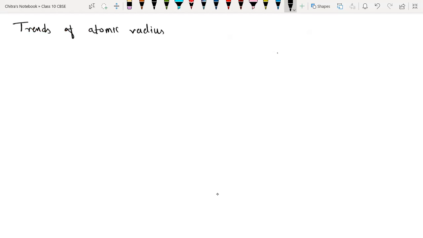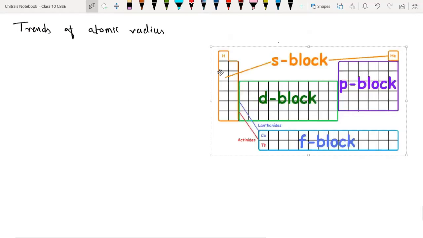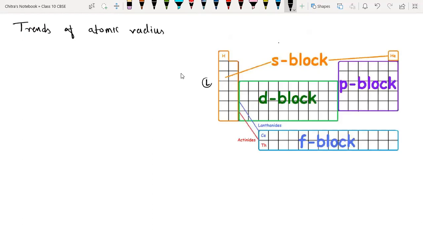Very important. Just do concentrate. Really very important. Wait a second. Let me drop image here. Okay. See here. This is the left side. This is right side. Here we have the top, and here we have the bottom. So first we will understand trend of atomic radius in groups.